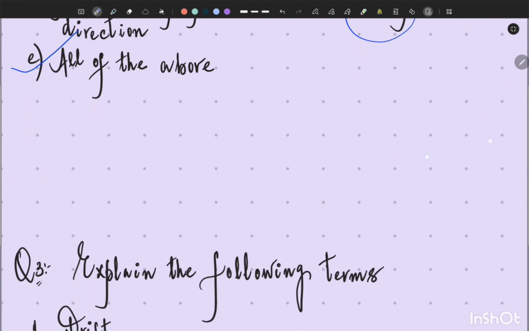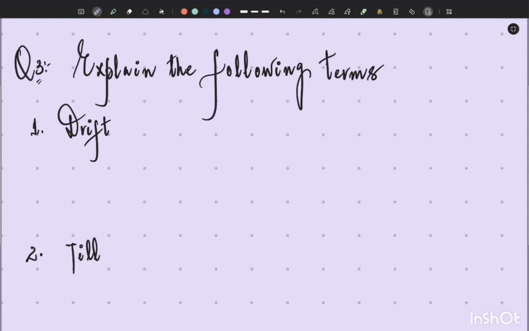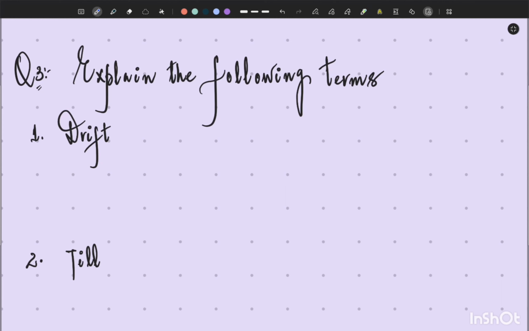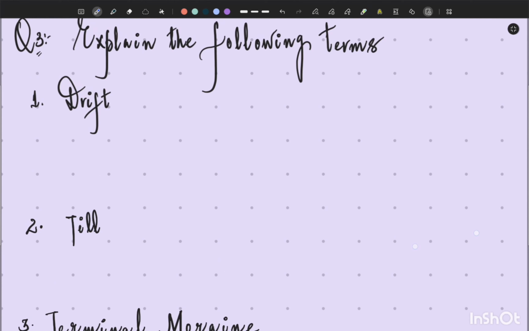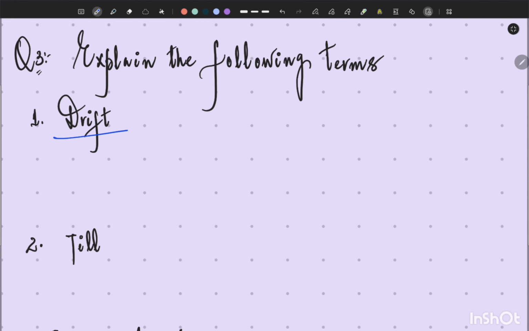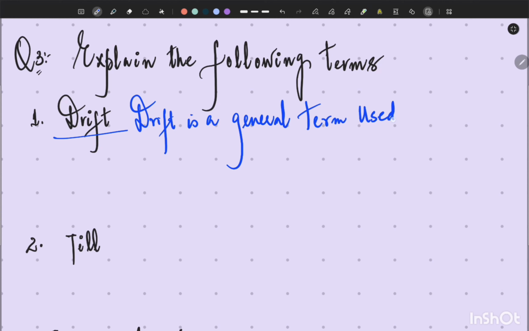Now going further. Explain the following terms. We have been given certain terms and we have to explain them one by one. First one is drift.